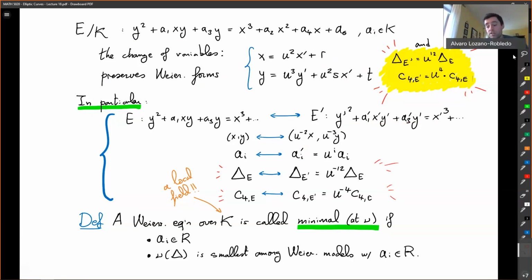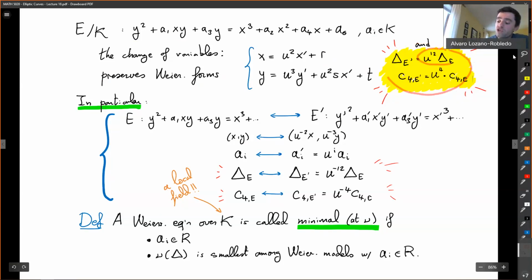Once you have integer coefficients, you want to find a model that has the smallest possible valuation of the discriminant among those with integer coefficients. Any such change of variables is going to change the discriminant by a 12th power and the c4 by a 4th power.